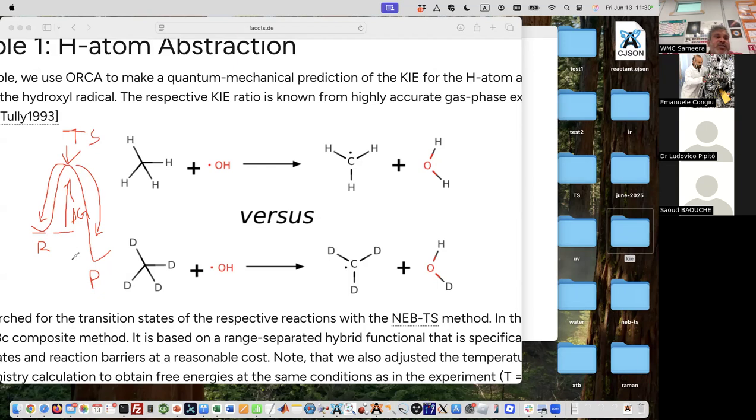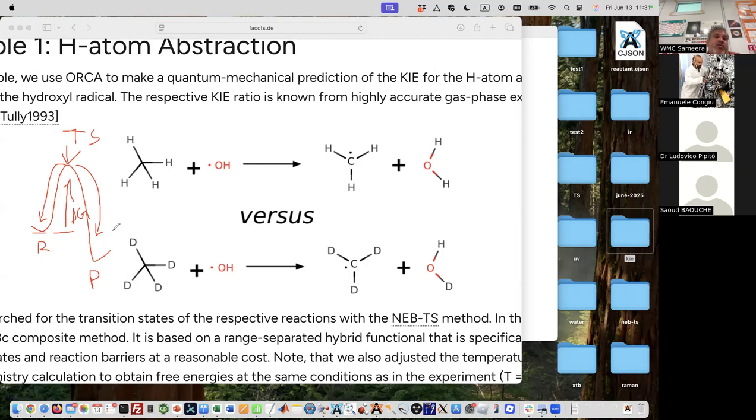And the next thing is the potential energy surface is there, and we have the potential energy barrier or the free energy barrier. Now the next step is to replace hydrogen by deuterium. When you do that, we don't change the potential energy surface, we just change the zero point energy.